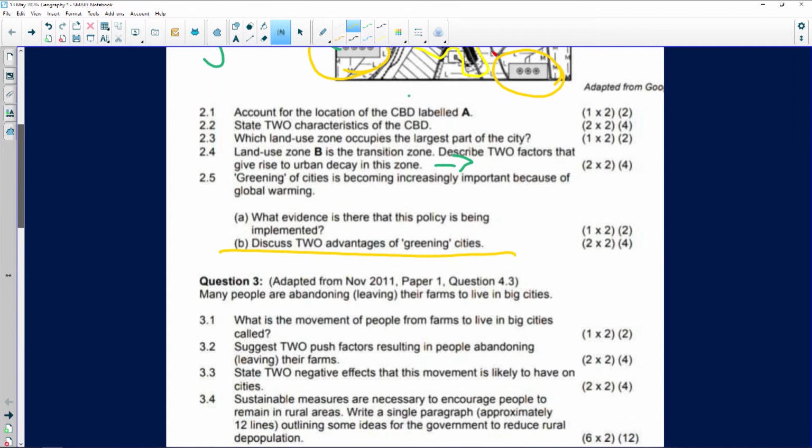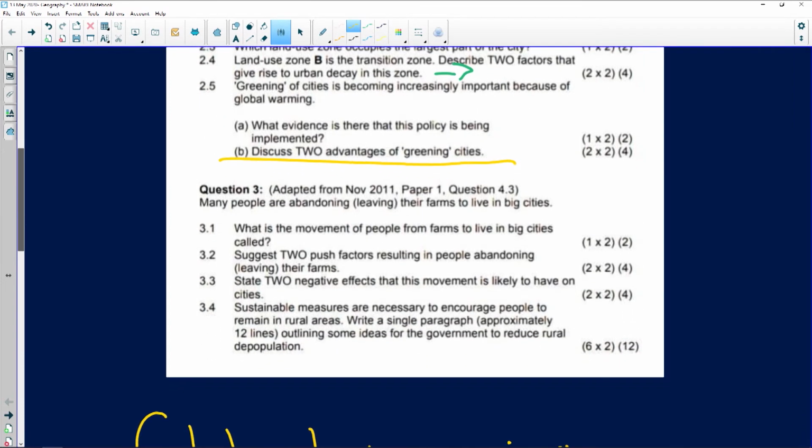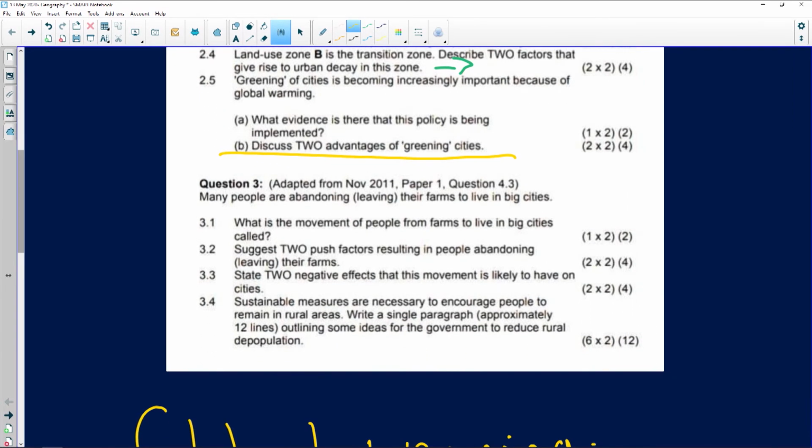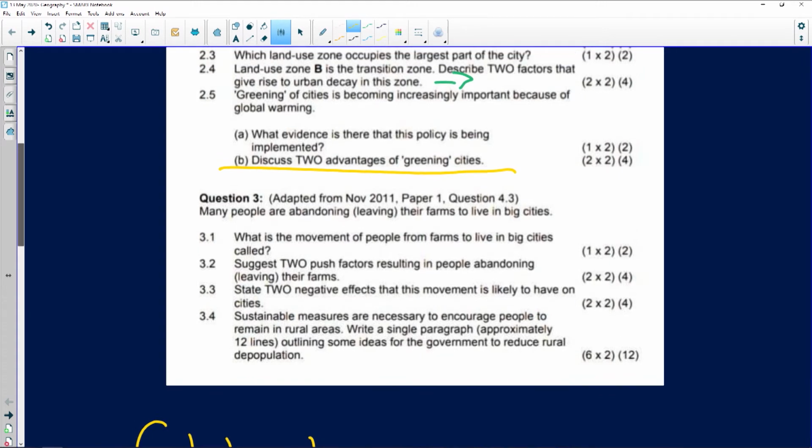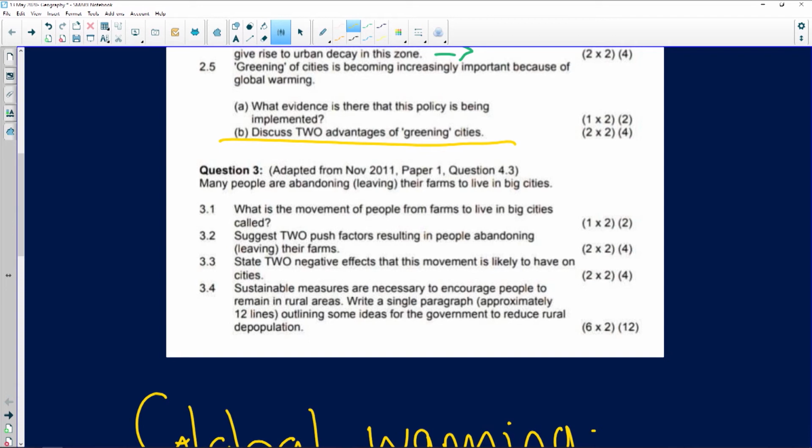If we look at question 3, these are just some questions without any figure or diagram provided to us. We've discussed this in our previous lessons as well, but it's an excellent exam question, and you can expect similar questions to this in your exam paper at the end of the year. If you look at question 3.1, what is the movement of people from farms to live in big cities called?